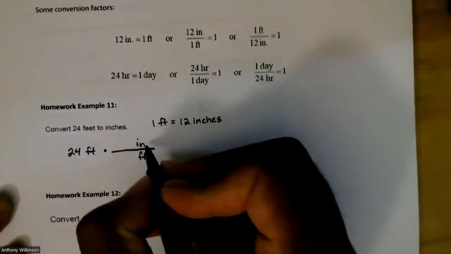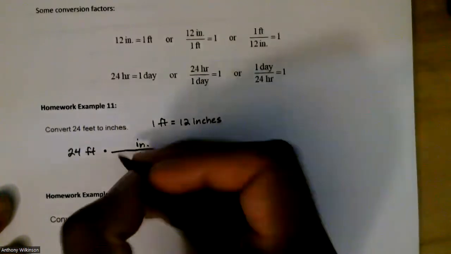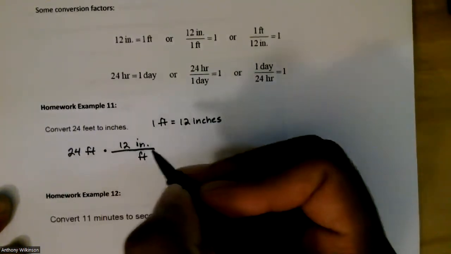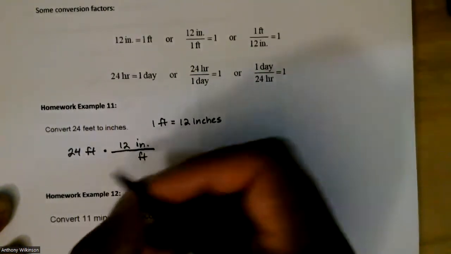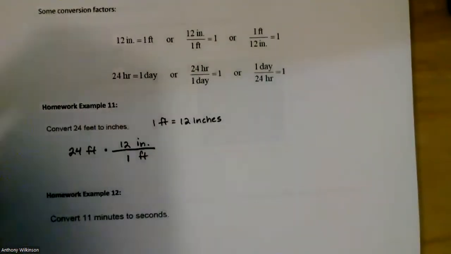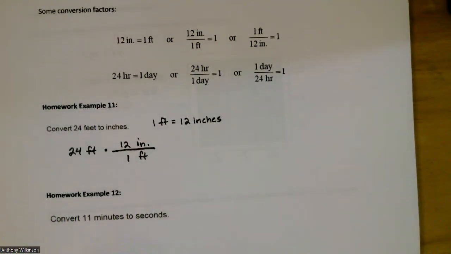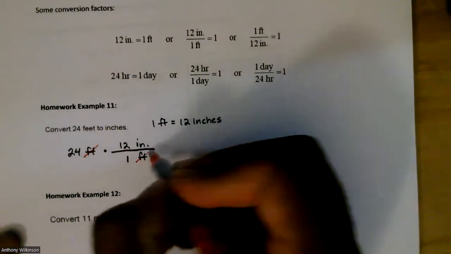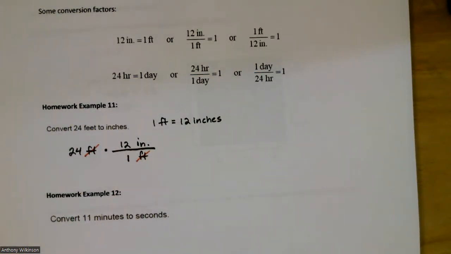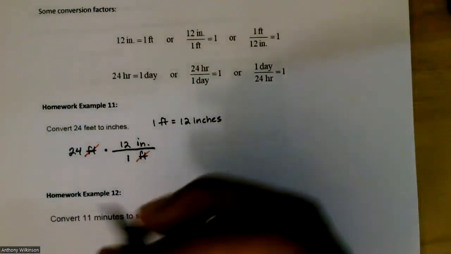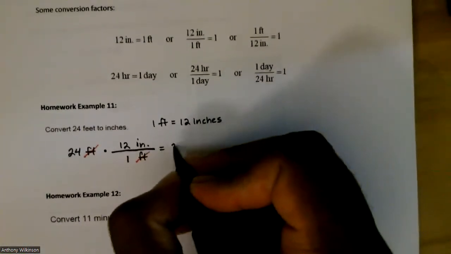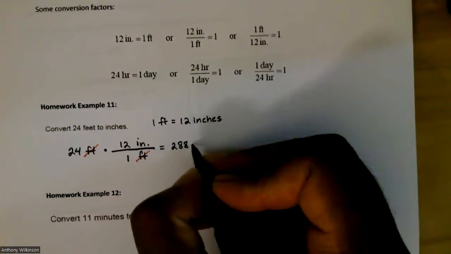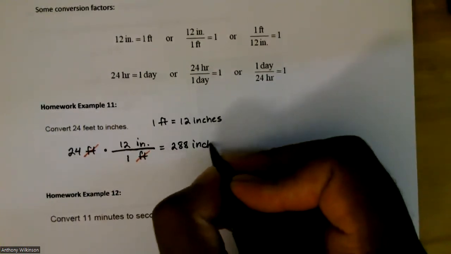Inches has to be in the numerator. And 12 inches, that 12 has to go with the corresponding unit, is equal to 1 foot. The 1 has to go here. The feet divides out, so we got 12 times 24, or 24 times 12, whichever you want to call it, would be 288, and the answer will be in inches.